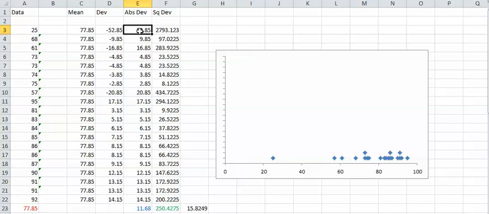And because the absolute deviation went up, the squared deviation went up also. When the absolute deviation goes up, the MAD goes up. When the squared deviation goes up, the variance goes up. And when the variance goes up, the standard deviation goes up also.